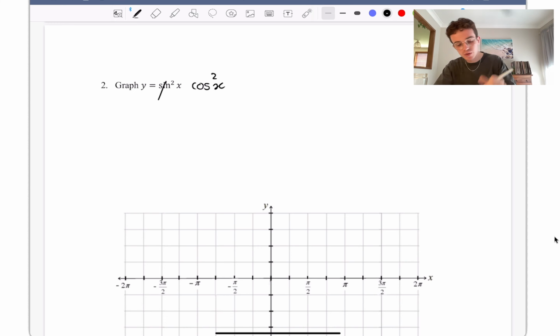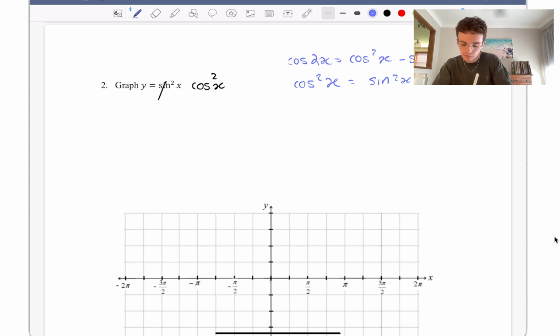Now, same property, we're going to remember that cos of 2x is equal to cos squared of x minus sine squared of x. But this time we're going to make cos squared of x a subject. So cos squared of x, if we add the sine squared of x to the other side, is going to be sine squared of x plus cos of 2x.